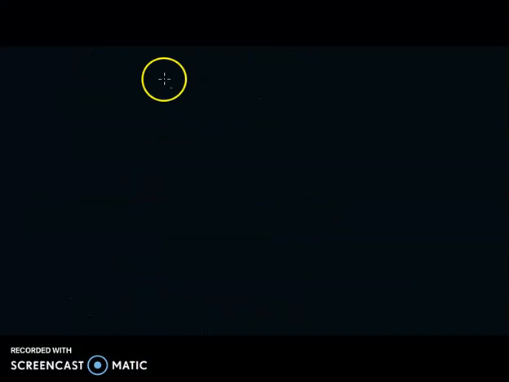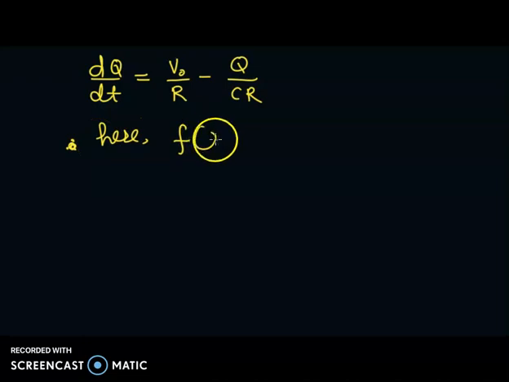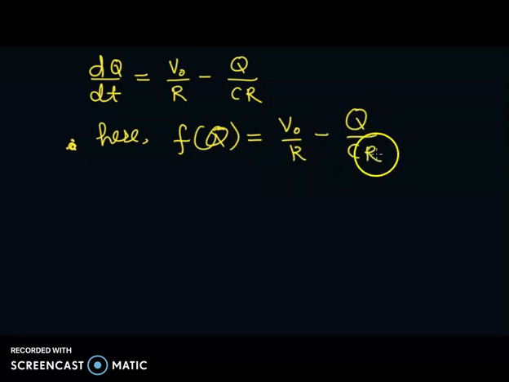So the differential equation is given by dq by dt equal to V naught over R minus Q over C times R. Here f of Q, the function on the right side, is V naught over R minus Q over CR.